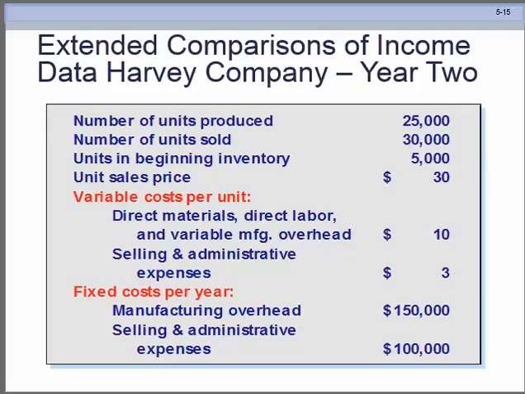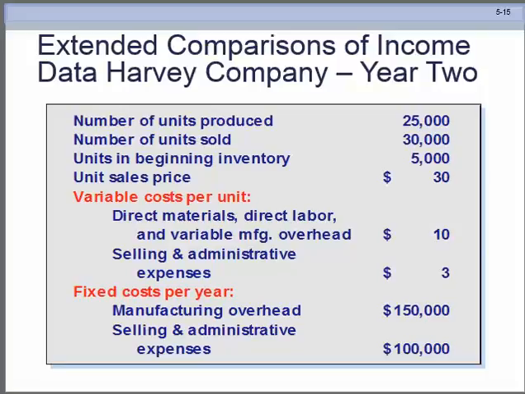So let's take this just a little bit further. Some additional assumptions and facts. 30,000 units were sold in year 2. The selling price per unit, variable cost per unit, total fixed cost, and number of units produced remain unchanged. Now, that 5,000 units in ending inventory becomes 5,000 units in beginning inventory for the next year.